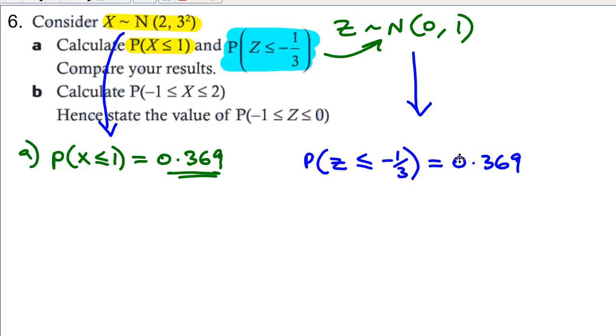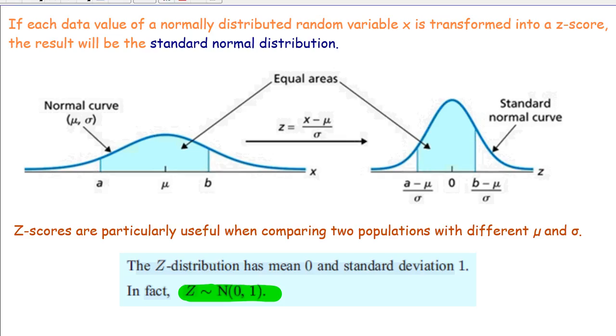So this is a very important observation, which means that once you've transformed from a normal curve to a standard normal curve, the areas under the curve do not change. And that's why you have here equal areas, all right?